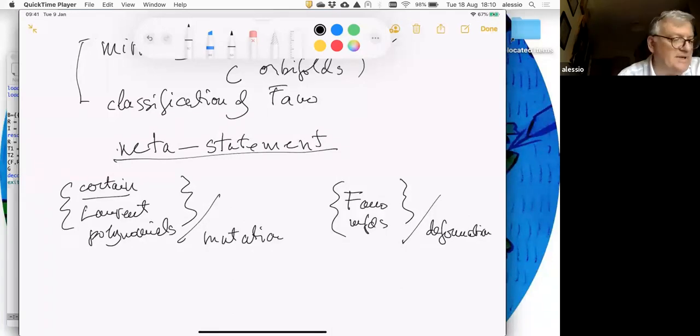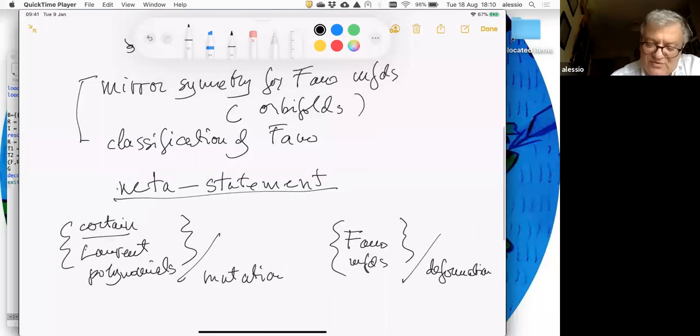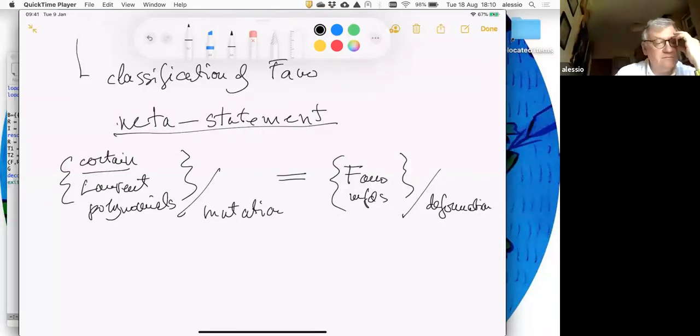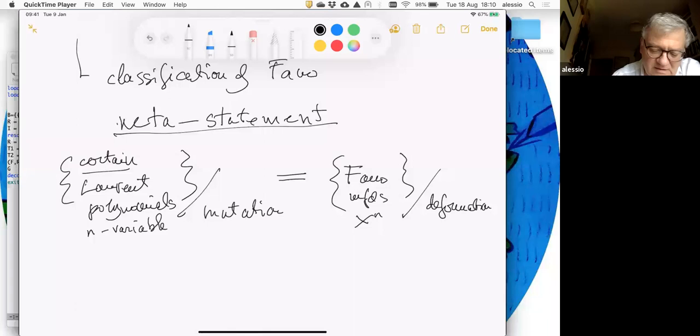So this meta statement is supposed to show both what mirror symmetry is and how you do classification. These two sets are in one-to-one correspondence. Here maybe the Fano manifold is n-dimensional, and then the Laurent polynomial is in n variables.